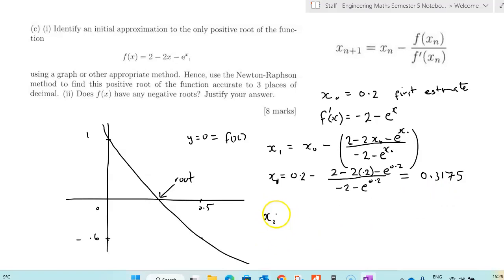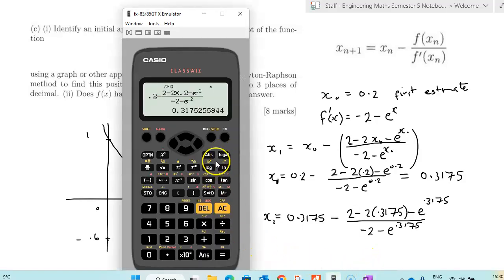So x2 is going to be, instead of 0.2, now we're going to do 0.3175 minus 2 minus 2 times 0.3175 minus e to the 0.3175 all over minus 2 minus e to the 0.3175.